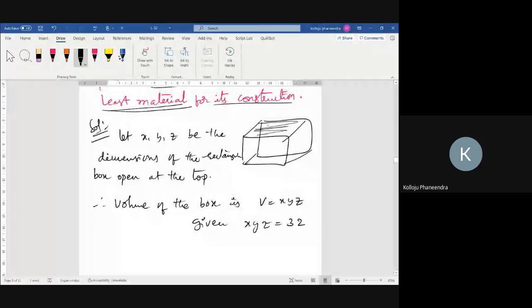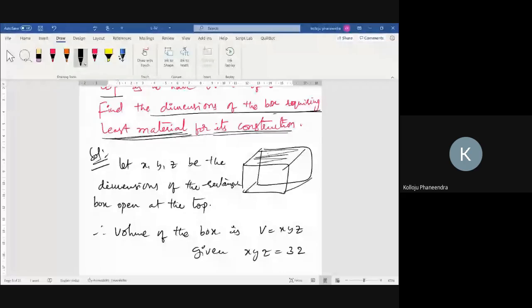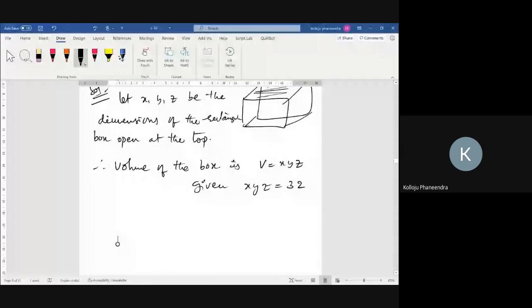What is the question? Find the dimensions of the box requiring least material. That means the total surface area of the rectangular box is to be minimized, the total surface area of the box open at the top. Open at the top, this is important.